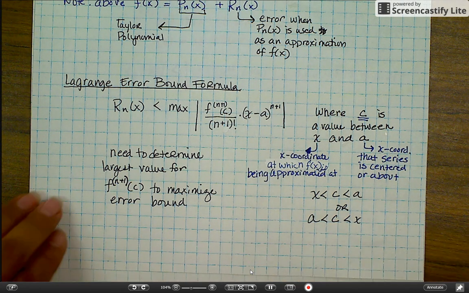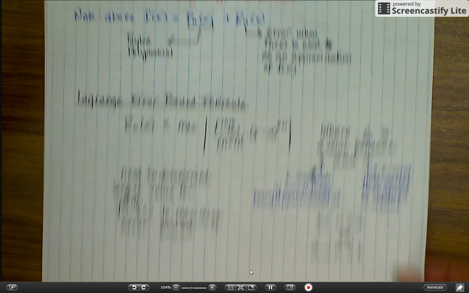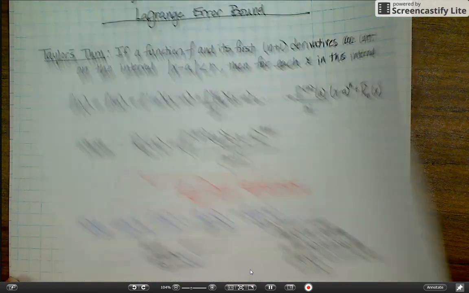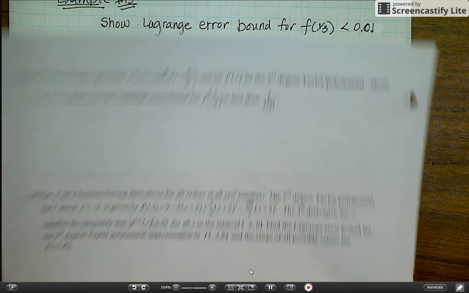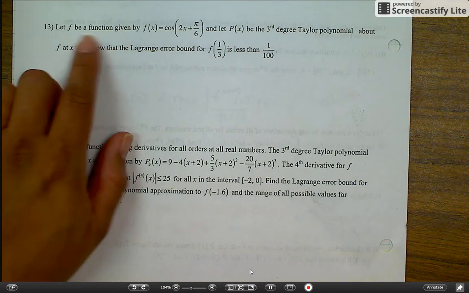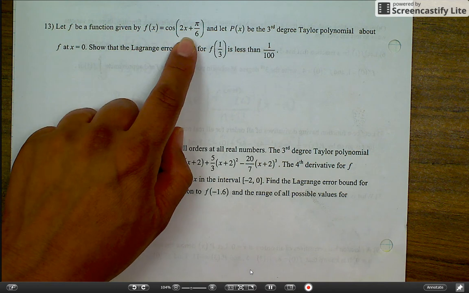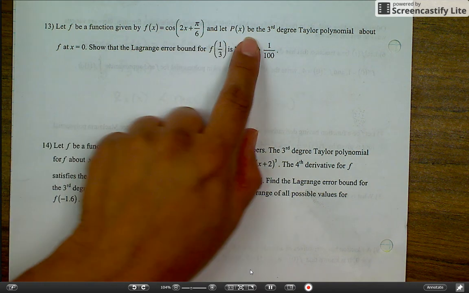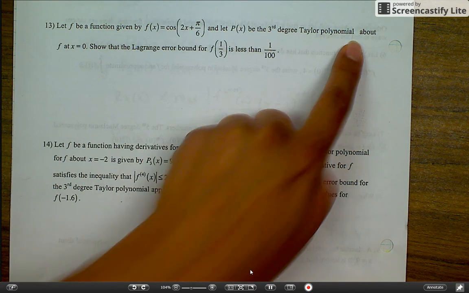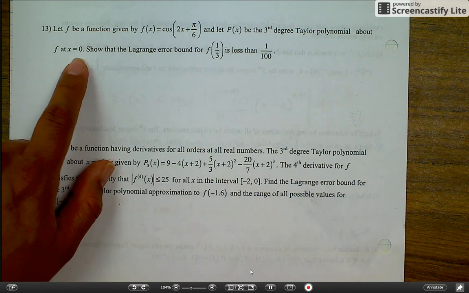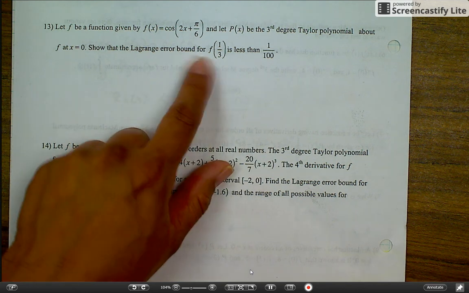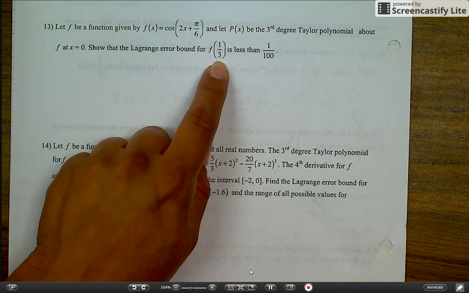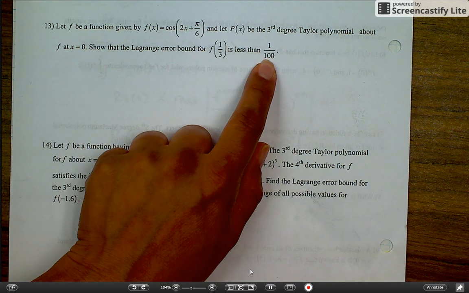So, for example, let's do, from that worksheet that I gave you, example 13. Okay, so let's look at example 13 really quickly. It says let f be a function given by this, and let P(x) be the third degree Taylor polynomial of f(x) at x equal to 0. Show that the Lagrange error bound for f of 1/3, so I'm approximating f of 1/3, is less than this.